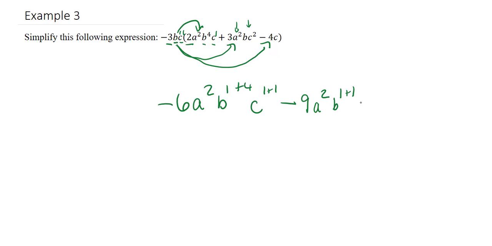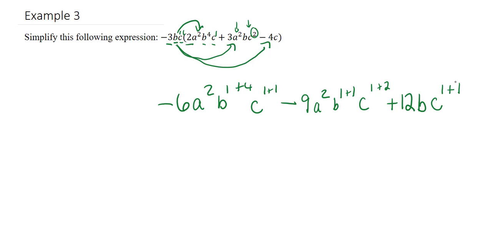And then we move on to c, so we have c to the 1 plus 2. And then we can go on to our final term. So negative 3 times negative 4 would be positive 12. And then we have just b, so we can just leave it as b. And then c, 1 plus 1.